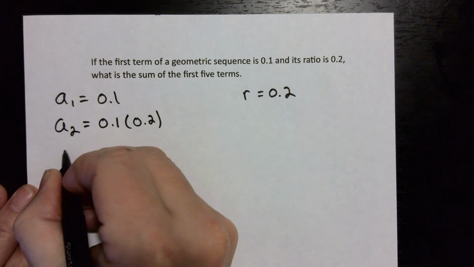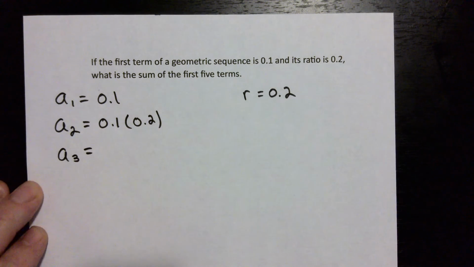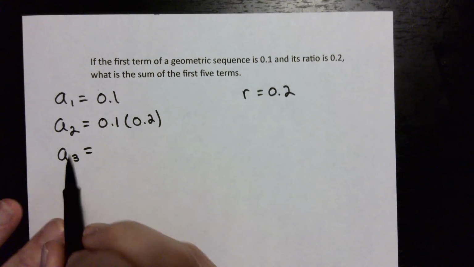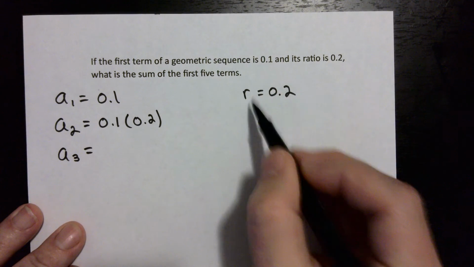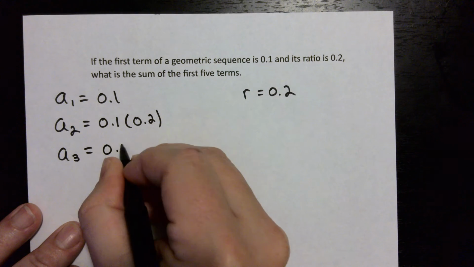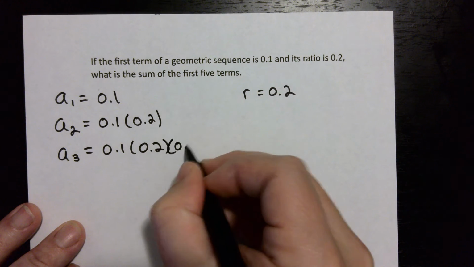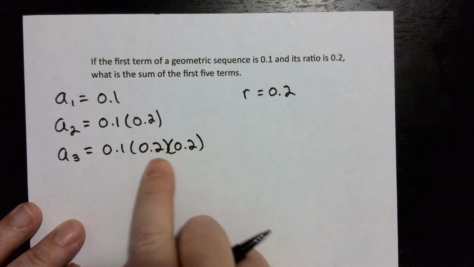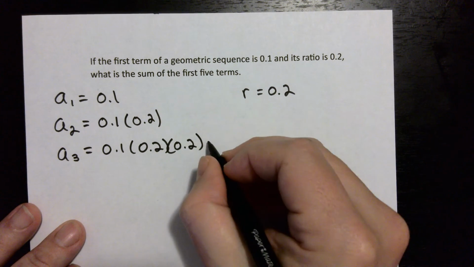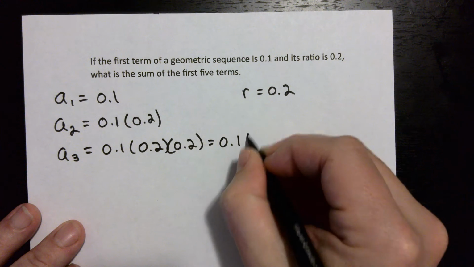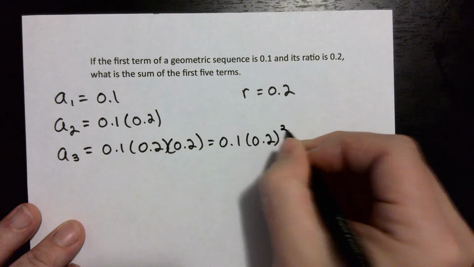Let's find a3. To find a sub 3, we multiply the previous term by our ratio. The previous term is 0.1 times 0.2, and our ratio is 0.2. Notice these two things are the same, so I'll call that 0.2 squared: 0.1 times 0.2 squared.